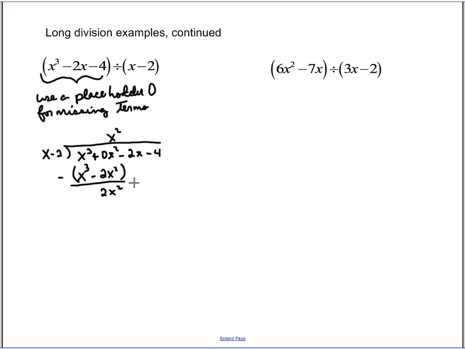when we add those together. So next we're going to bring down our minus 2x as the next term and ask ourselves, what would I have to multiply by x to get positive 2x squared? And the answer to that is plus 2x. That goes in our x's column here. 2x times x is 2x squared. And 2x times negative 2 is minus 4x.